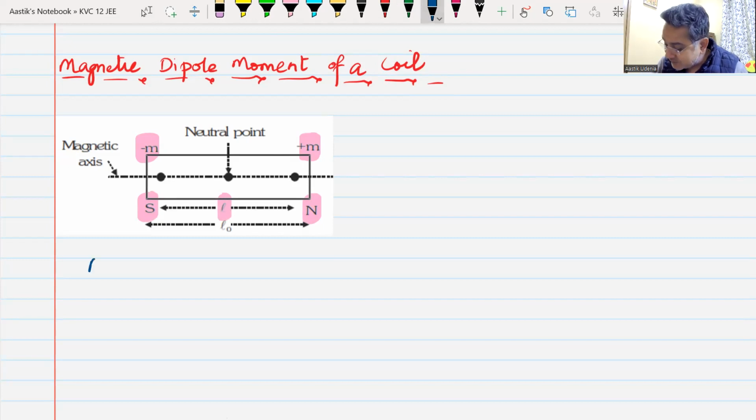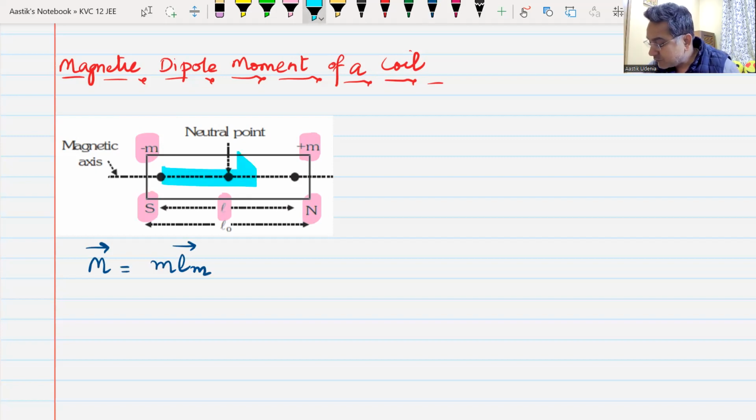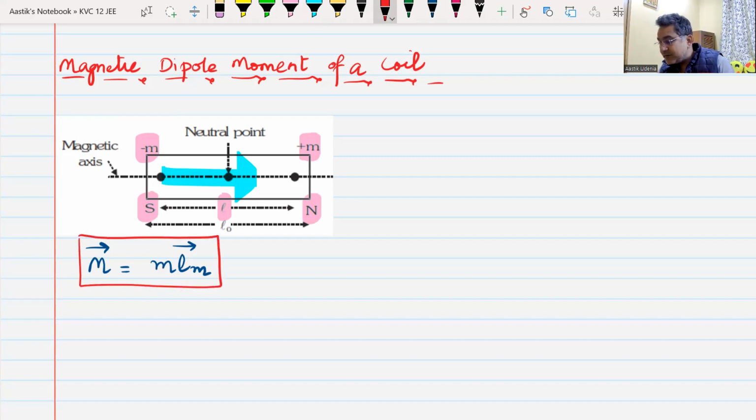And then we defined a vector, M vector, which was M into L, magnetic length. This was a vector directed from the south pole towards the north pole of the magnet. That, my dear friend, was known as the magnetic dipole moment of a bar magnet.